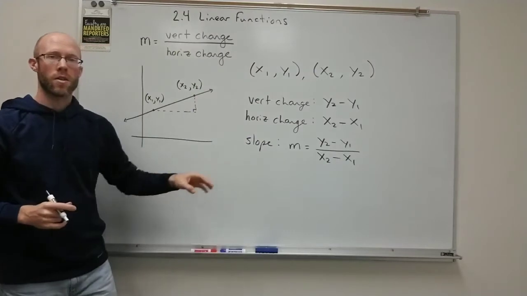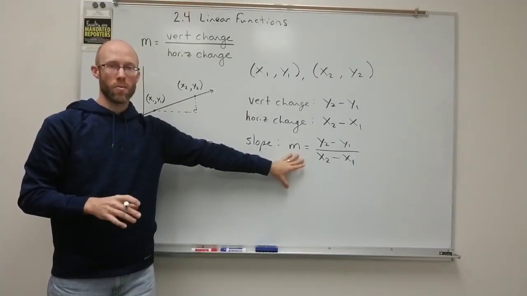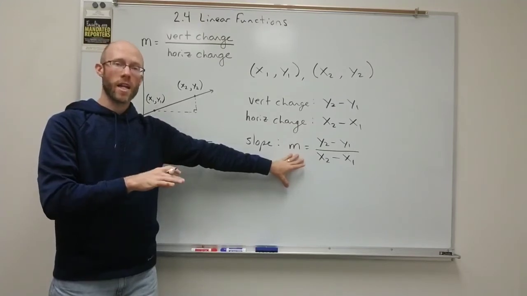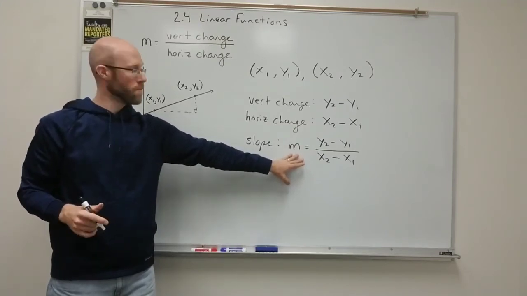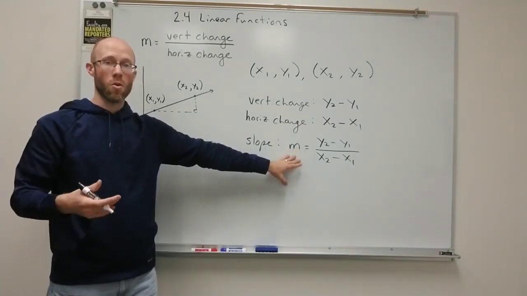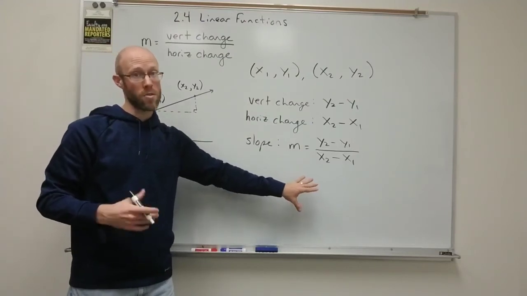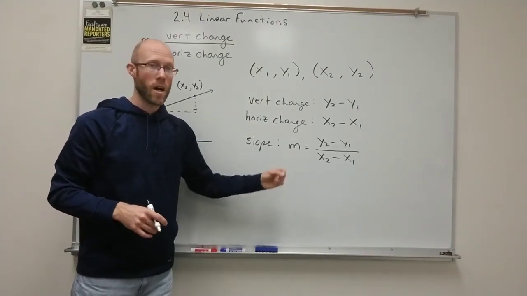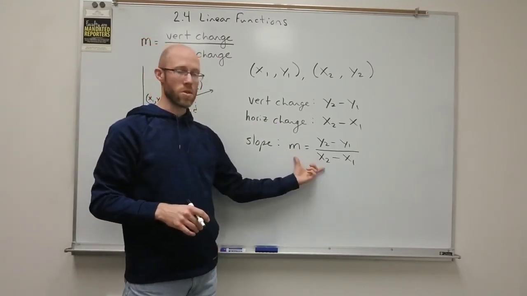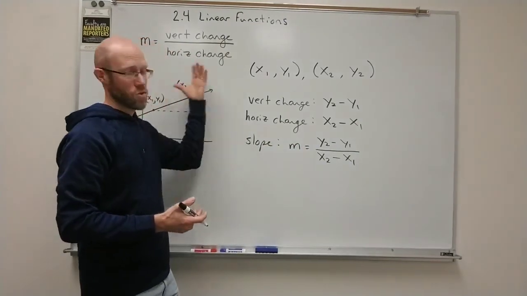Okay. This formula, this is a general formula, that we can use it now for any 2 points on any line, and we can find the slope between them. This formula is called the slope formula, and it's going to be an important one that you guys will need to memorize or know for every test coming up. You're going to need to know this formula, or you could, I guess, construct it if you needed to.